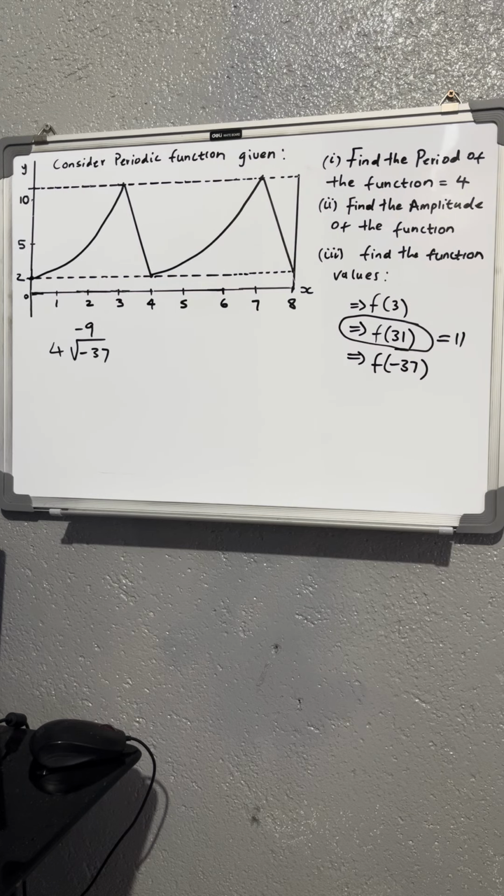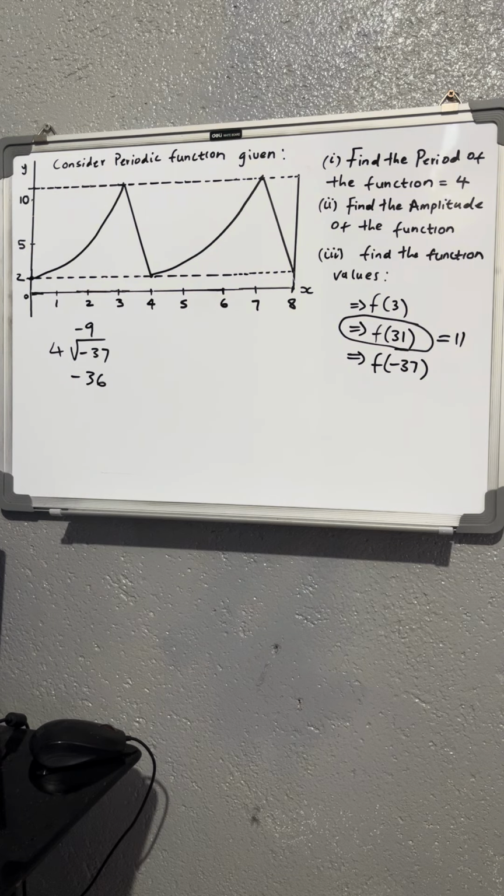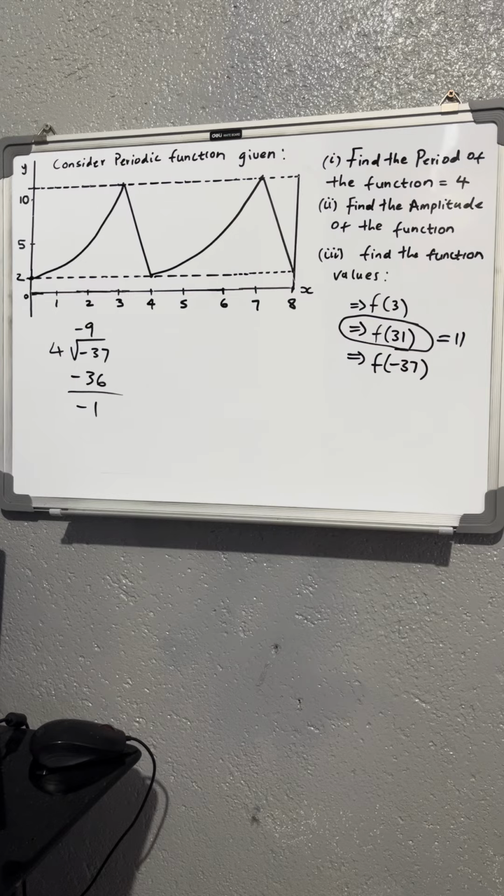This gives you your minus 36. Then what would be your remainder? Your remainder to make minus 37. So it's going to be minus 1. So if we have minus 36 minus 1, we will have our minus 37.